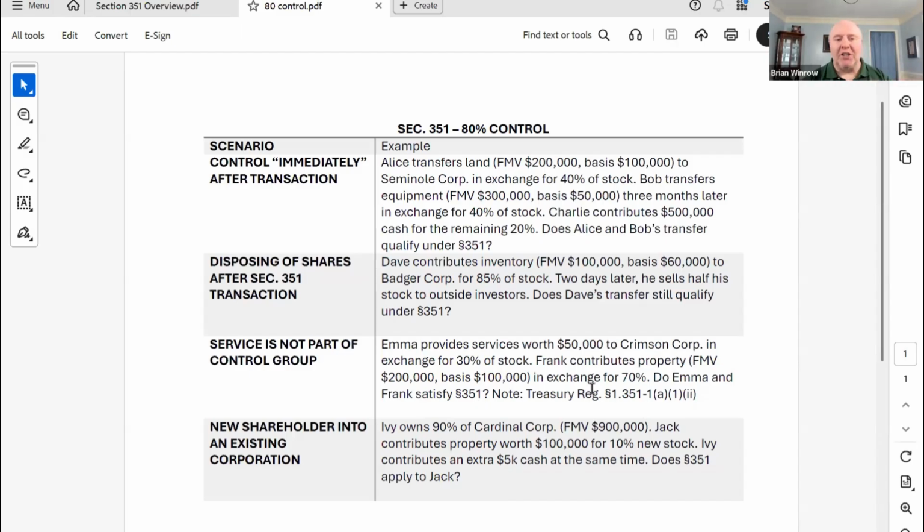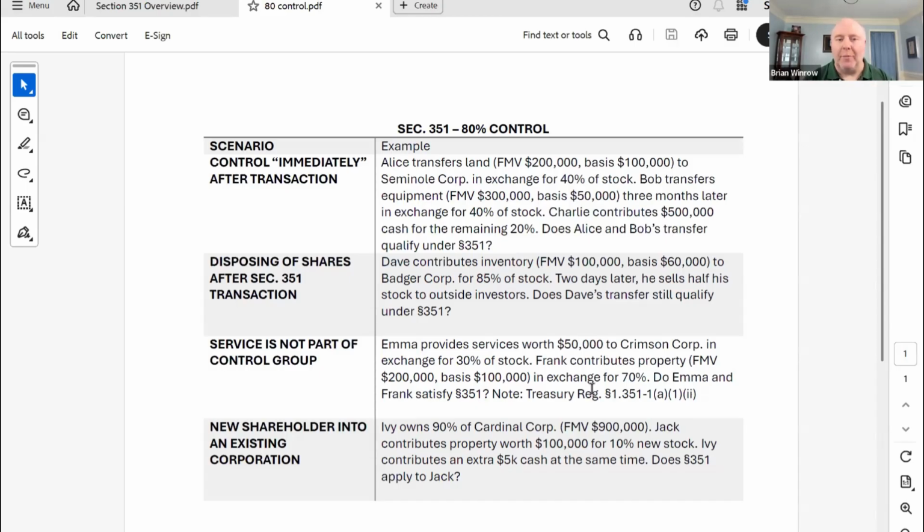Do we add all their shares together for the 80%, or does Tammy, in my situation, the new shareholder, have to meet the 80% threshold all on their own, right? So if you have a new shareholder entering this corporation, they need to meet the 80%, perhaps all on their own.